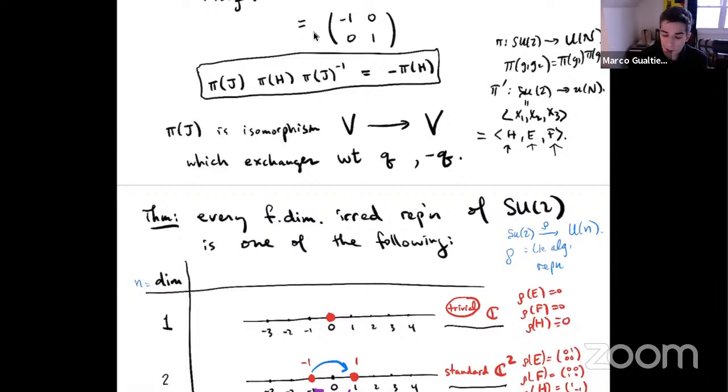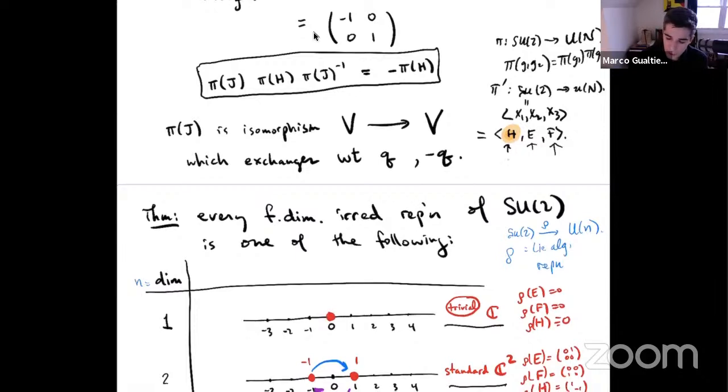And then the idea was to focus on one of these, namely H, and to view H as defining a circle. So associated to H, there was a U1 subgroup. And that gave us weights, which are drawn here.